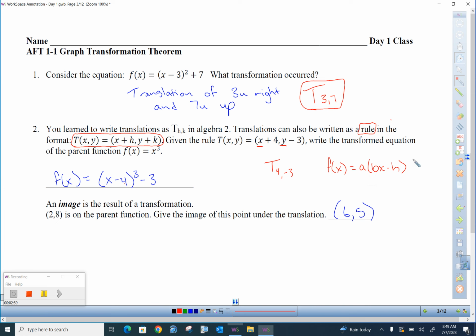They could have a squared on them, depends on what your parent function is, and then plus k. So this says take the opposite of what you see here, because this is a positive h and this is a negative h, and then the plus k on the side stays the same. Okay, so that's helpful to know, is we're going to see that part switch in the equation.